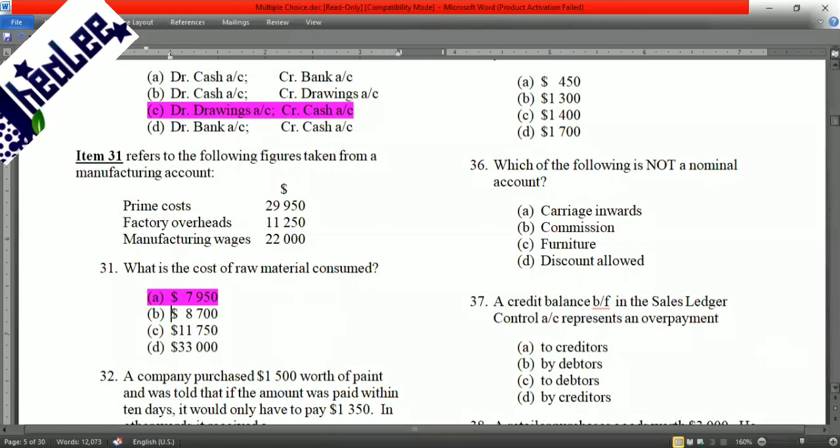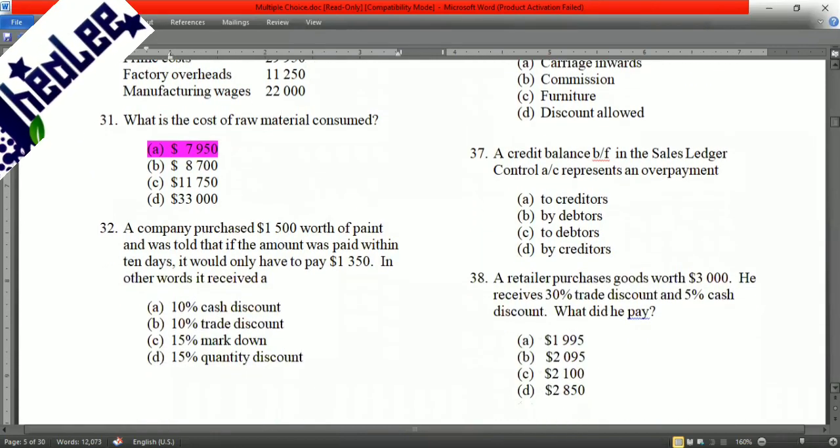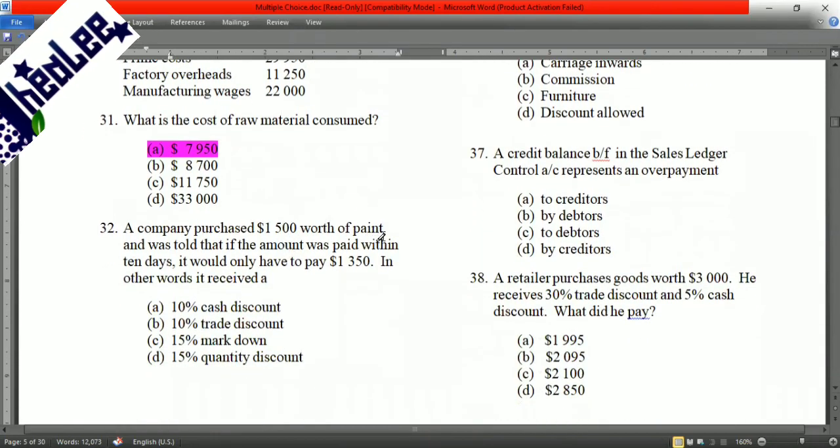Number 32. A company purchased $1,500 worth of paint and was told that if the amount was paid within 10 days, it would only have to pay $1,350.